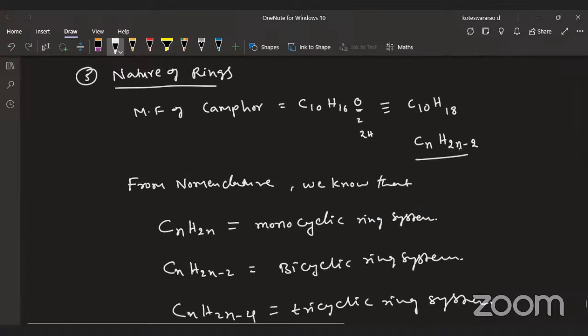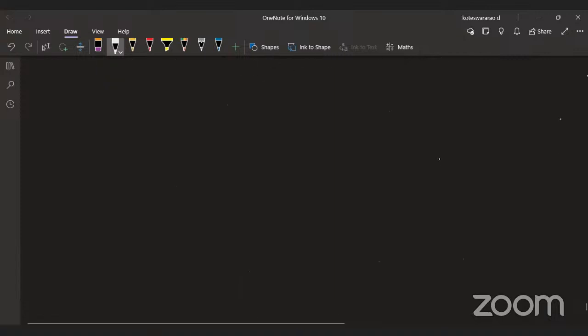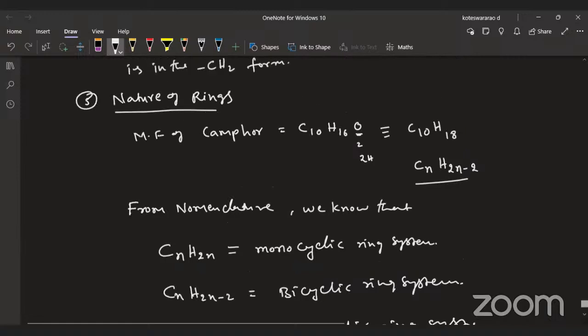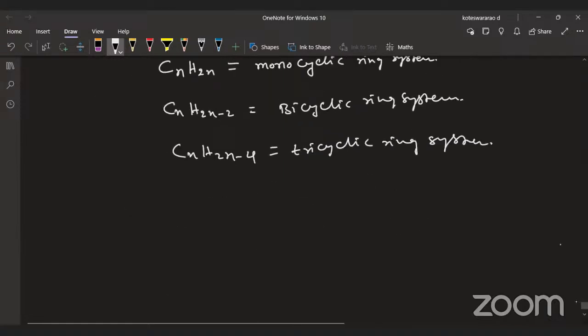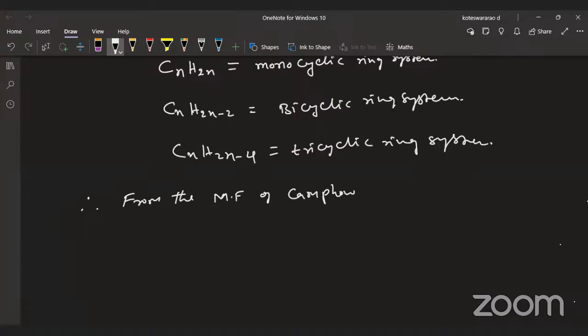Now, what is the formula here? CnH2n minus 2. Therefore, from the molecular formula of camphor, it indicates it is a bicyclic system.